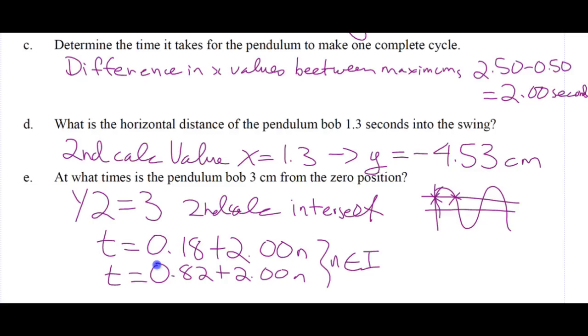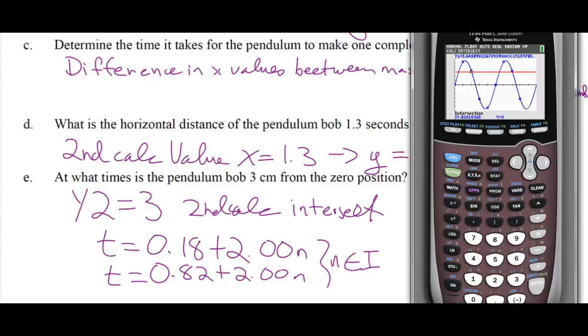So any multiple of 2, because the period is 2. So it happens at 0.18, and then every 2 seconds after that. On its way out in a positive direction it hits that distance of 3 centimeters, then on its way back it hits it again. Okay, and that's when it's going to happen.